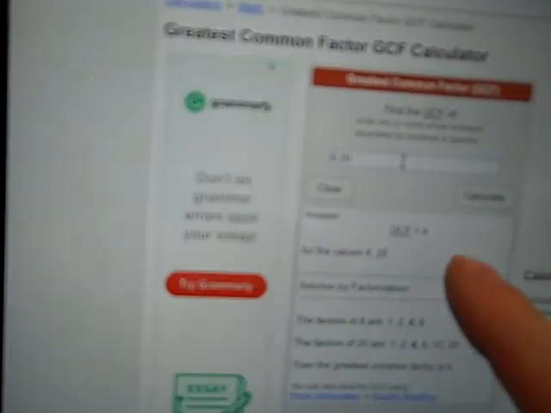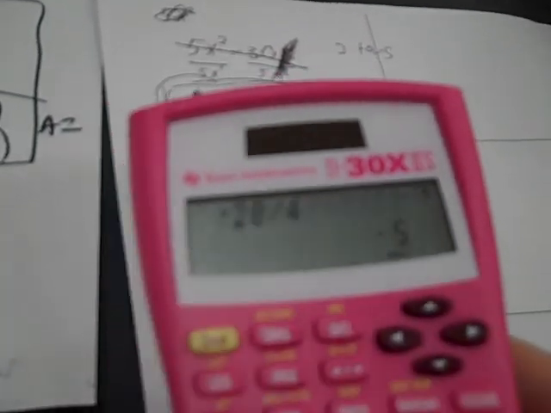Then 8, 20, and the GCF on that one's 4. So 8 divided by 4 is 2x, and negative 20 divided by 4 is negative 5. So 2x minus 5. There was no GCF, so this is what I go with.